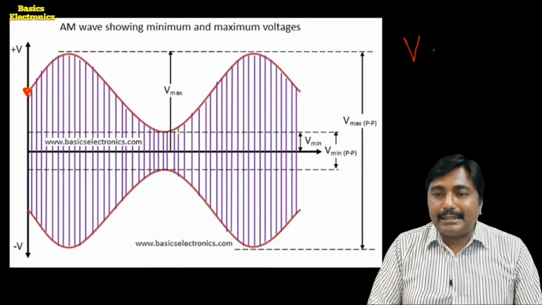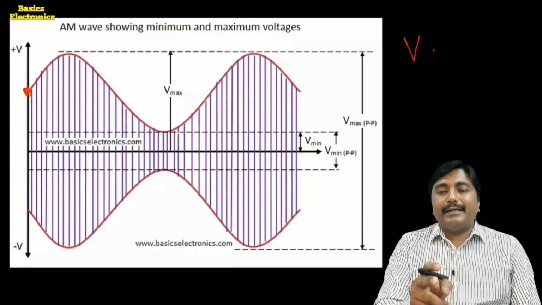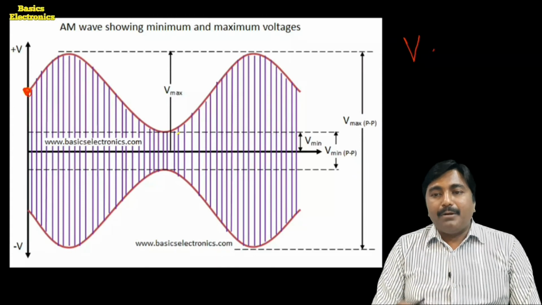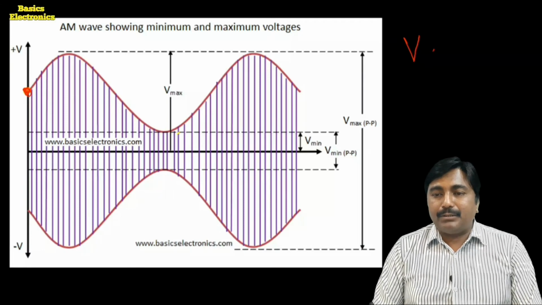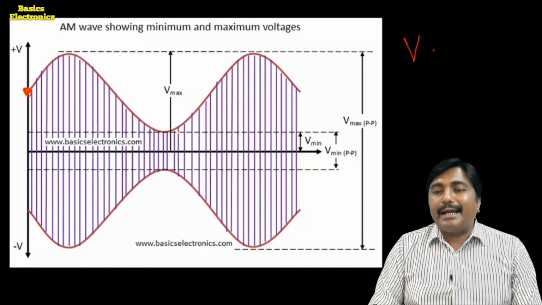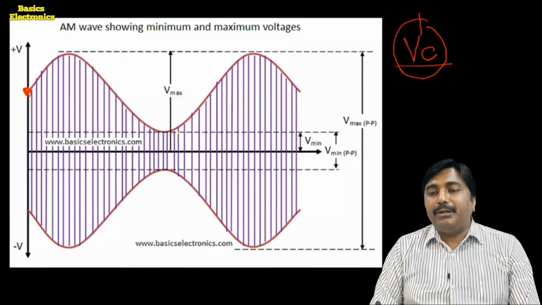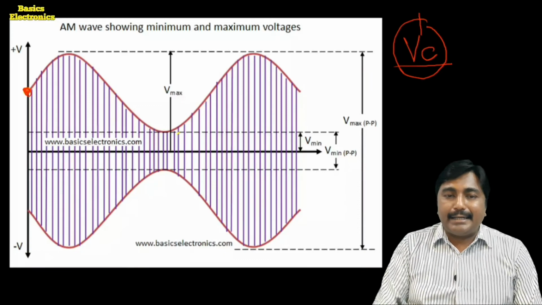The modulated signal waveform that we drew before was the simplified waveform. In that waveform, we see that the modulating signal voltage varies above the peak voltage of the carrier signal, and it varies below the peak voltage of the carrier signal.